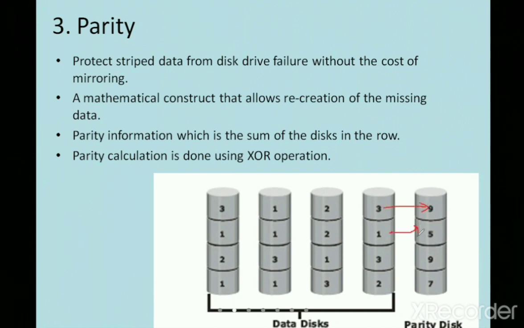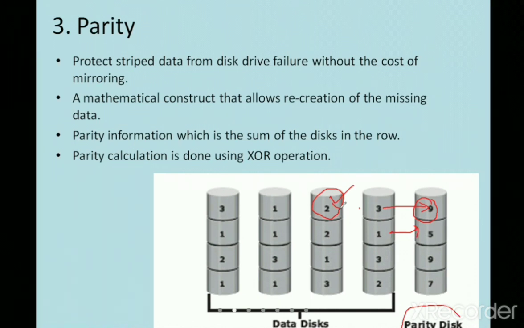So this parity disk I'm maintaining holds the value of all these disks. Now if any harm is done to any one particular disk, then this value is subtracted, and automatically it is understood that yes, there is a loss of data and it has to be recovered. So they perform this XOR operation, and then they get back the data you have lost.